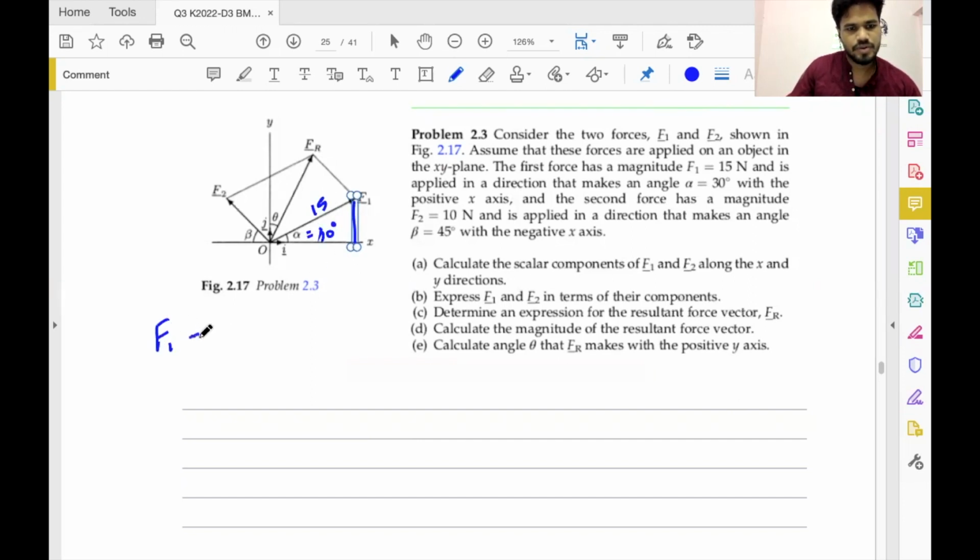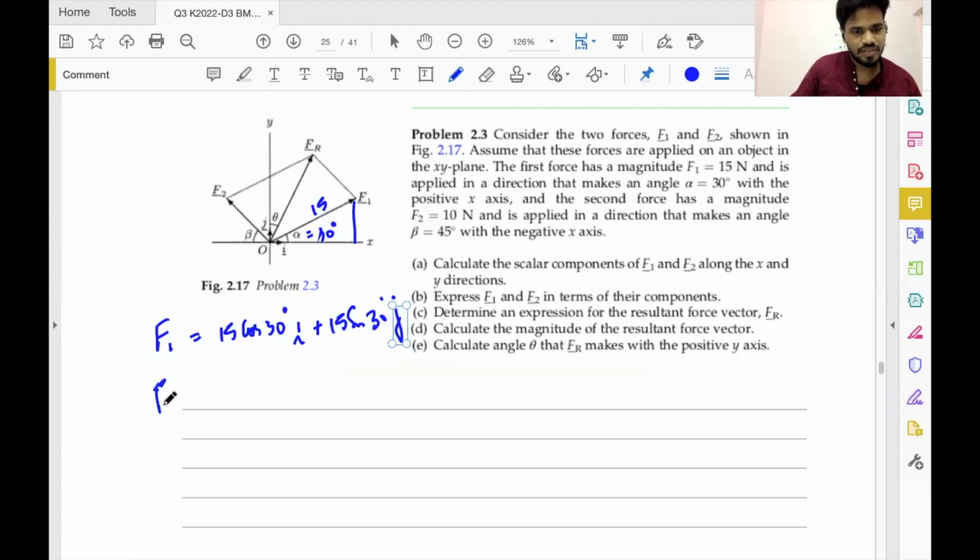So F1 will be 15 cos 30 degrees in the I direction, the X direction, and 15 sin 30 degrees in the J direction, sorry, IJK. Just taking trigonometric components along this direction and this direction.